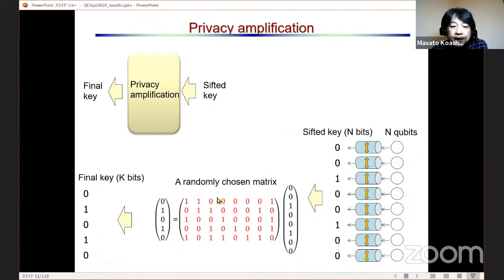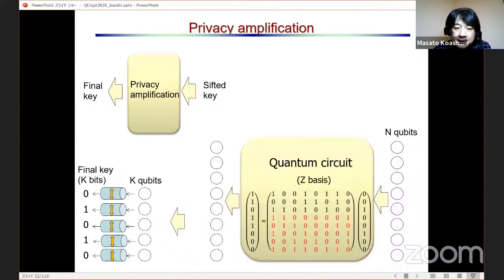First thing is to rewrite this classical computation as a quantum operation. So we want to do this by using quantum gates. This can be done by just extending this matrix to a square full rank matrix. Then multiplication by this matrix can be easily represented by a bunch of controlled-NOT gates.